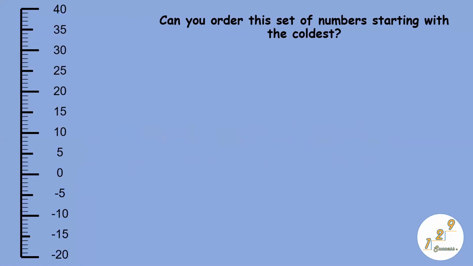Now, you're going to have a set of numbers here, and I'd like you to give them a go and ordering them, starting with the coldest. Pause the video, then press play when you're ready. Okay, so we need to order these numbers starting with the coldest.